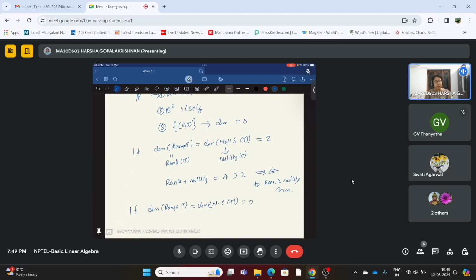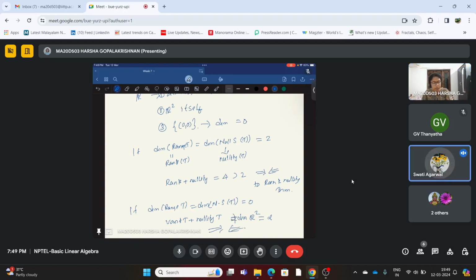Again, think with the rank-nullity theorem. What does the rank-nullity theorem say? Rank plus nullity should be equal to the dimension of R2, that is 2. So here again it is a contradiction, right? This is not equal.